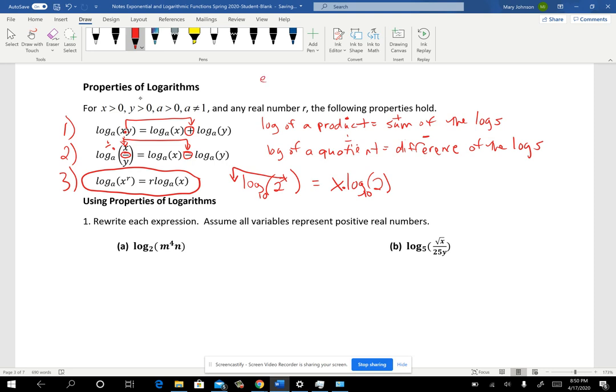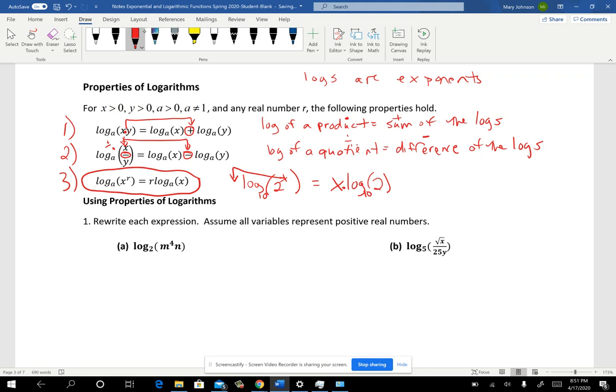All right, now there's some logic to this. Logs really are exponents. So these properties of logarithms are actually connected to exponent properties.